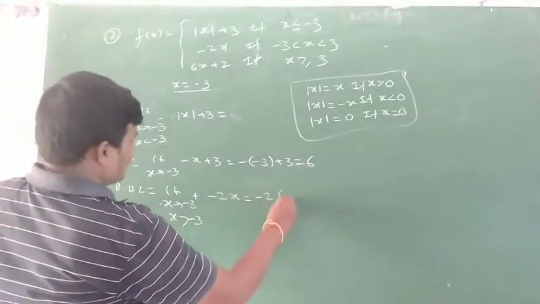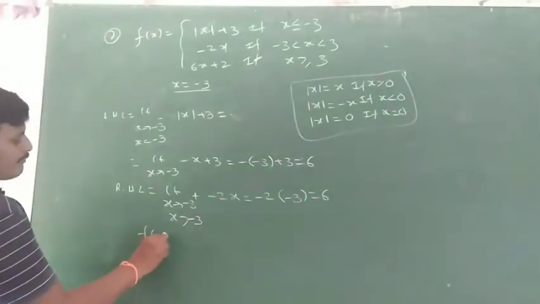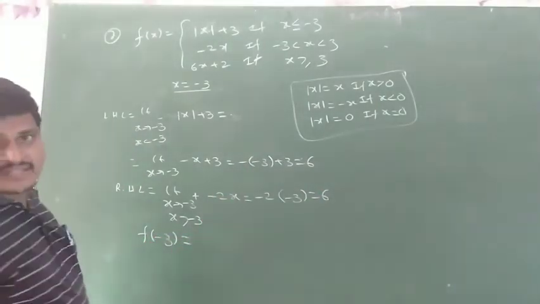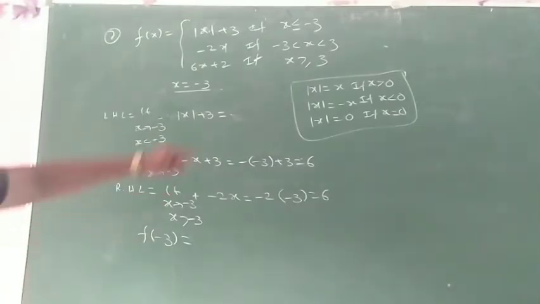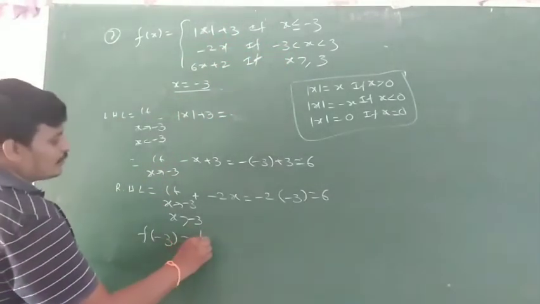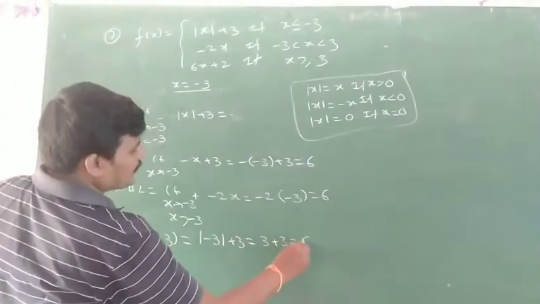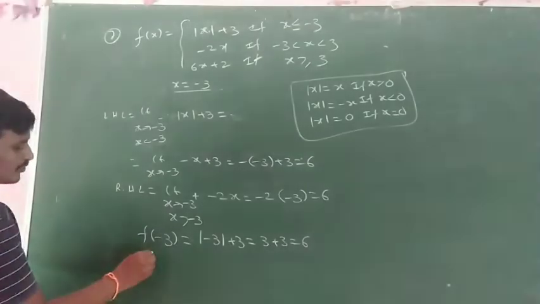So -2 into -3 is equal to 6. Next, f of -3, exactly at -3. Which function? The first function. F of -3 is equal to mod of -3 plus 3, which is 3 plus 3 equal to 6. So both are the same.